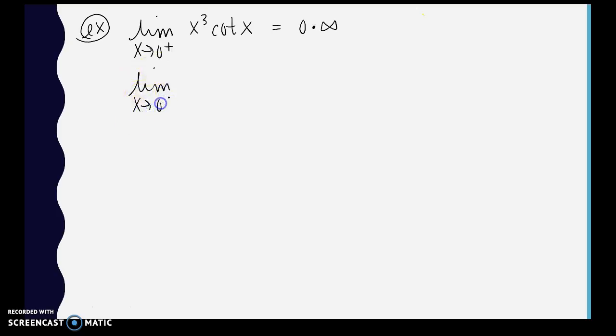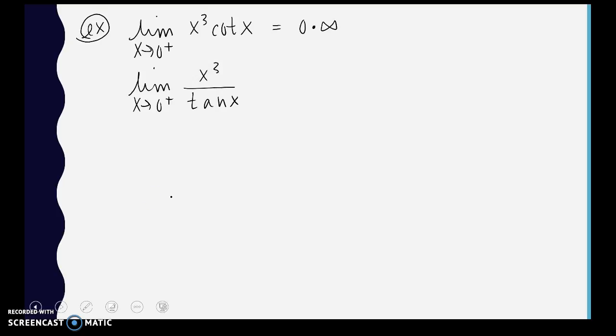So limit as x approaches 0 from the right. I'm going to write cotangent as 1 over the tangent, so I know that that works. As I approach 0, direct substitution would give me 0 over 0. So now let me take the derivative of the top, 3x squared. And then I'll take the derivative of the bottom.